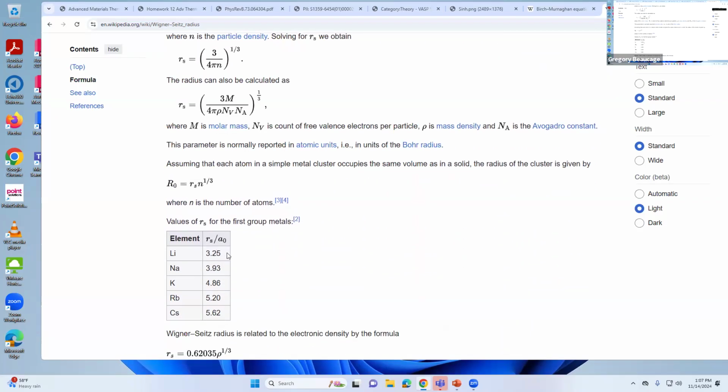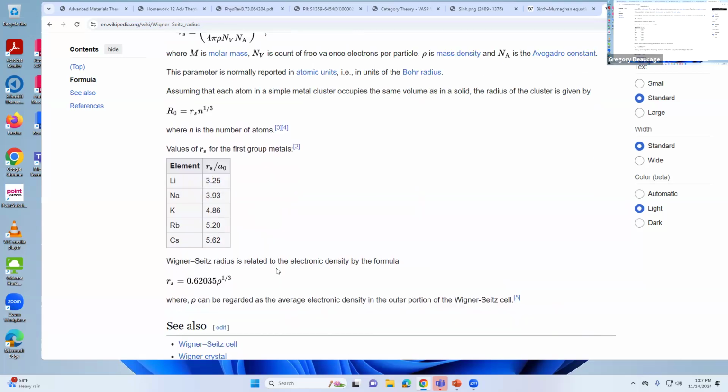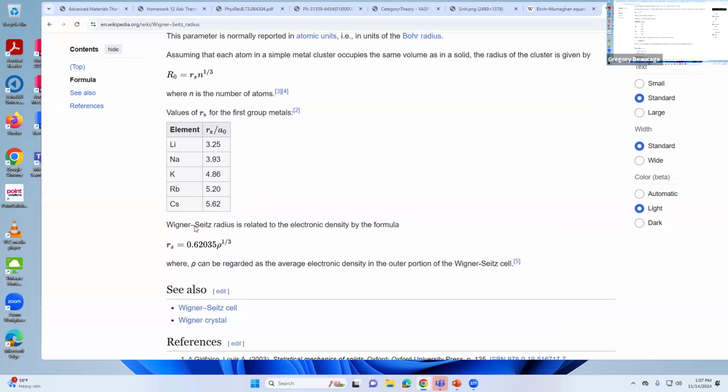Oh, here, they give the value, and A0 is, I think, the atomic spacing in the crystal. So RS, unfortunately, doesn't give it for carbon. Oh, here, the Wigner-Seitz radius is related to the electron density by the formula. Okay, so if you know the mass density and the number of electrons, you can get the electron density, then you get the Wigner-Seitz radius.